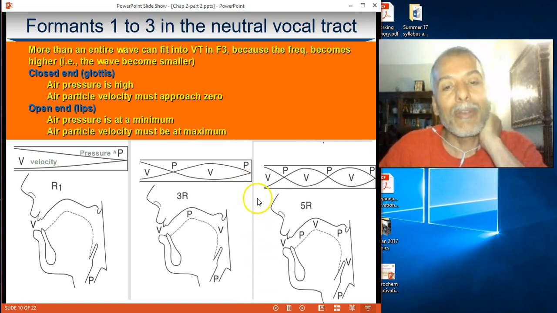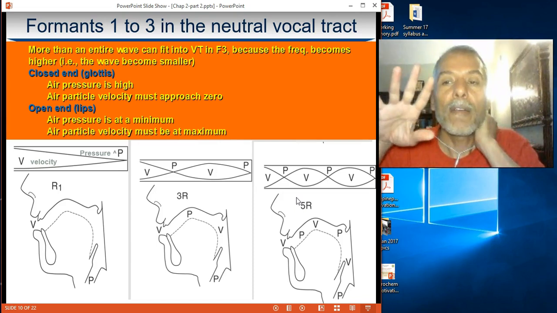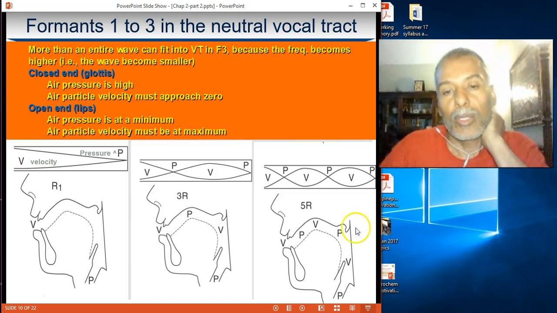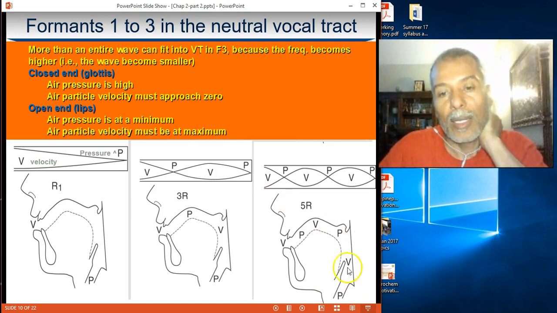So the fifth resonant frequency is when you have 5/4 of the wave fitting in. The wave has become small enough so that you have 5/4 fitting in, and in that case you have 3 maximum points of pressure, and 3 maximum points of velocity, and that is R5 or resonant frequency number 5.